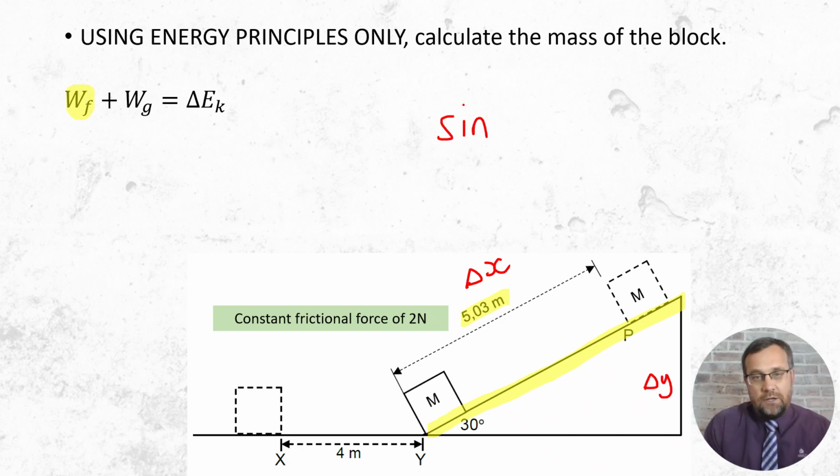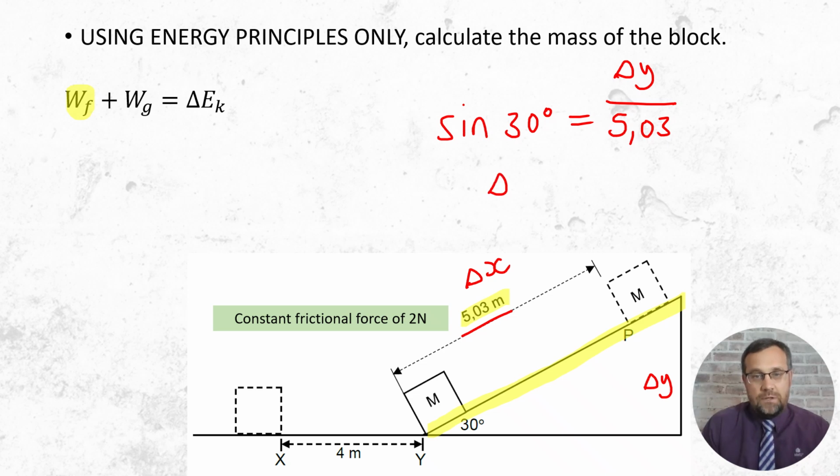The sine of 30 degrees equals delta y divided by 5,03. So delta y is equal to 5,03 times the sine of 30, and that is 0,5.